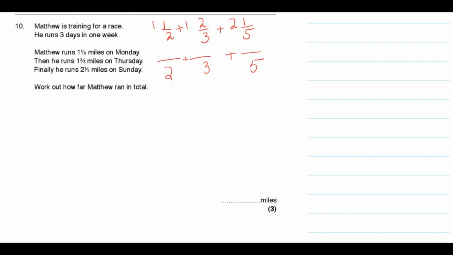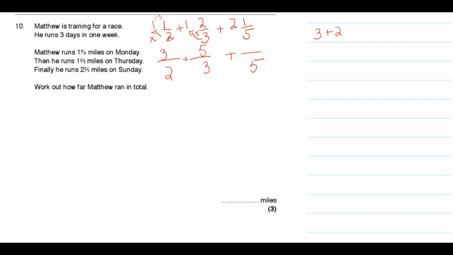Starting from the bottom number, which is 2, going towards the right, what you need to do is multiply. 2 times 1 is 2, and then add 1 to your answer: 2 plus 1 is 3. Now the same thing again over here: 3 times 1 is 3, and then plus 2 gives you 5.